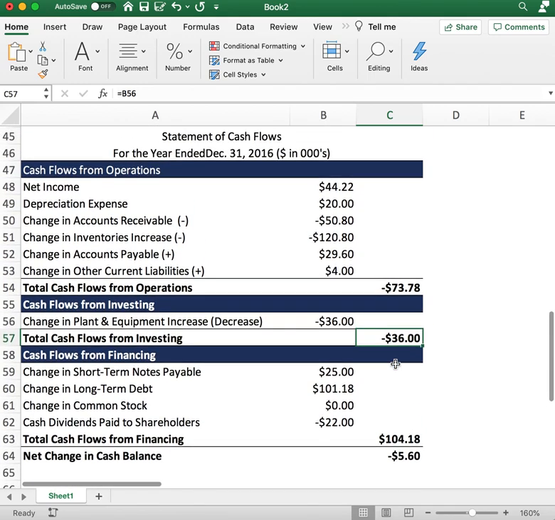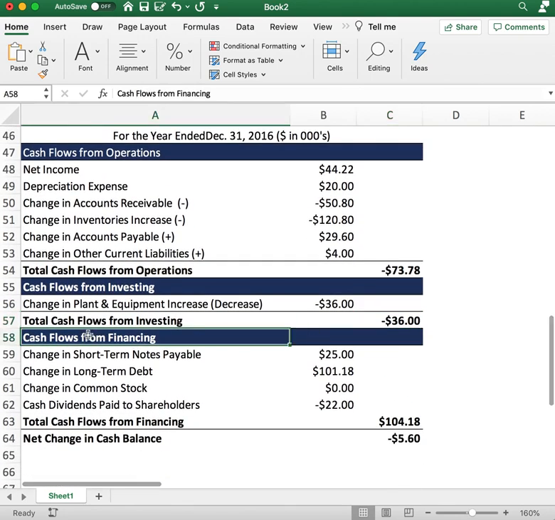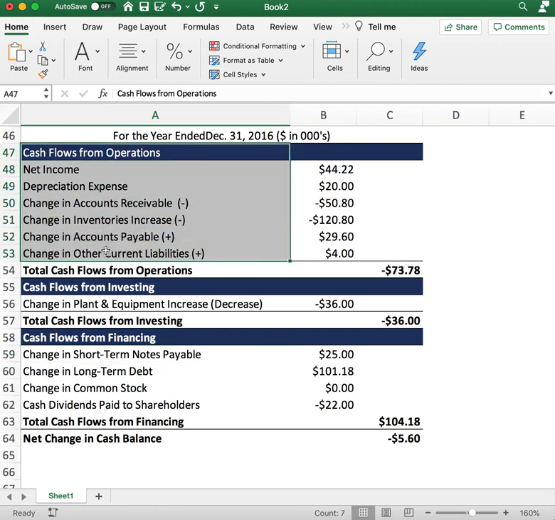And then the last section of the cash flow statement is going to be cash flows from financing. So if you notice, we didn't include short-term notes payable in the cash flow operations. This is because a note is a source of financing, which is typically known as debt.